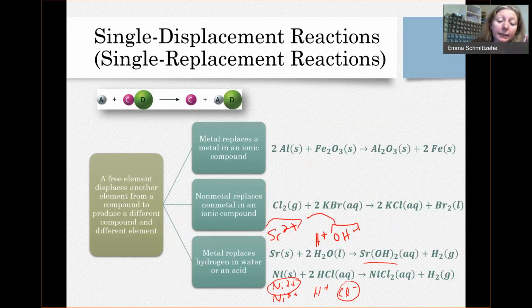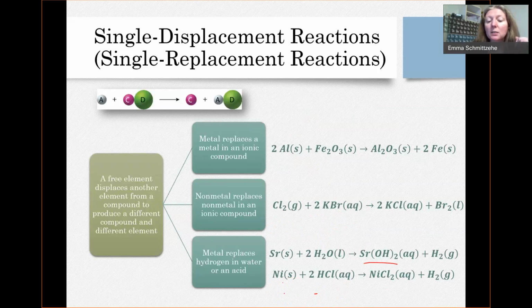But the basic idea is if you have some ionic compound and it reacts with an element, then it's going to replace the like element in the ionic compound. So metals replace metals, nonmetals replace nonmetals. But then when you have water or HCl, you have to kind of treat those two things as if they were an ionic compound.